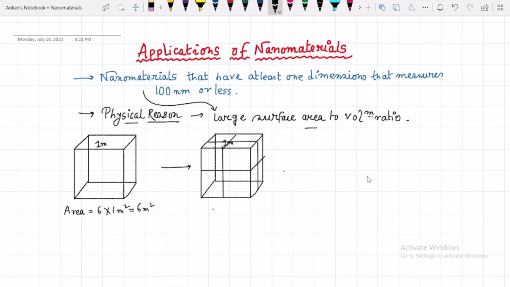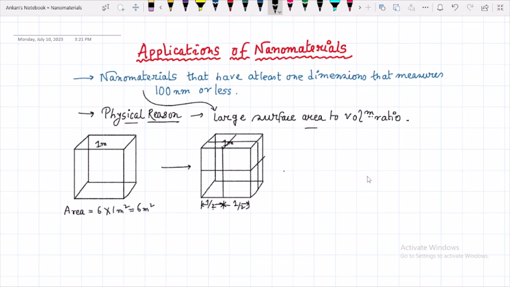Let us suppose that this division occurs by equal side length. This was 1 meter side length, so by equal division the two halves become half meter and half meter. Each smaller cubic material has a side length of half a meter.